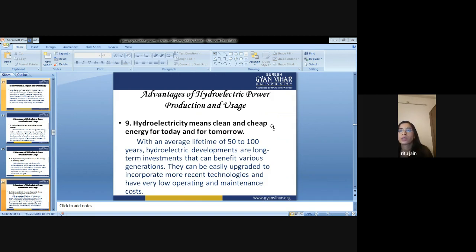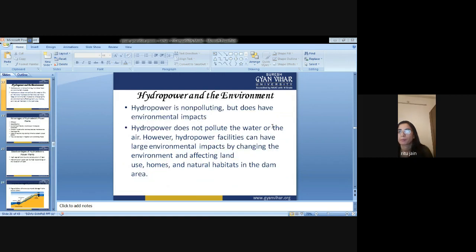With an average lifetime of 50 to 100 years, hydroelectric developments are long-term investments that can benefit various generations. They can be easily upgraded to incorporate more recent technologies and have low operating and maintenance costs.